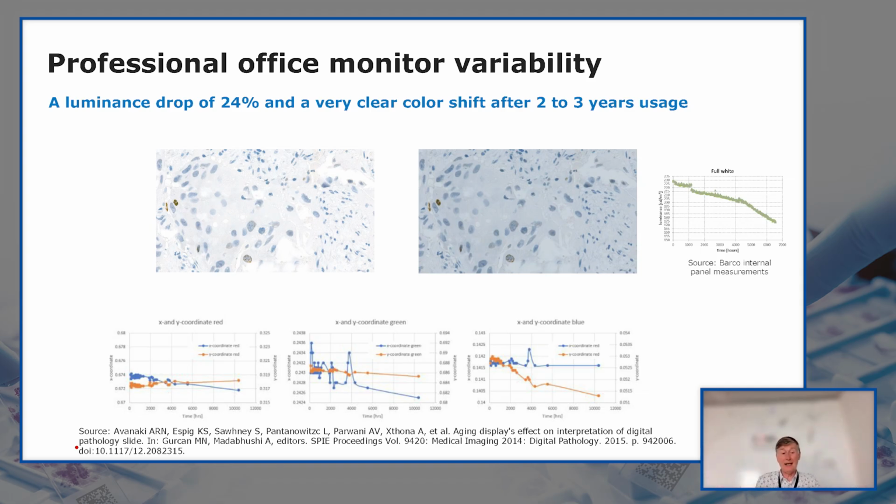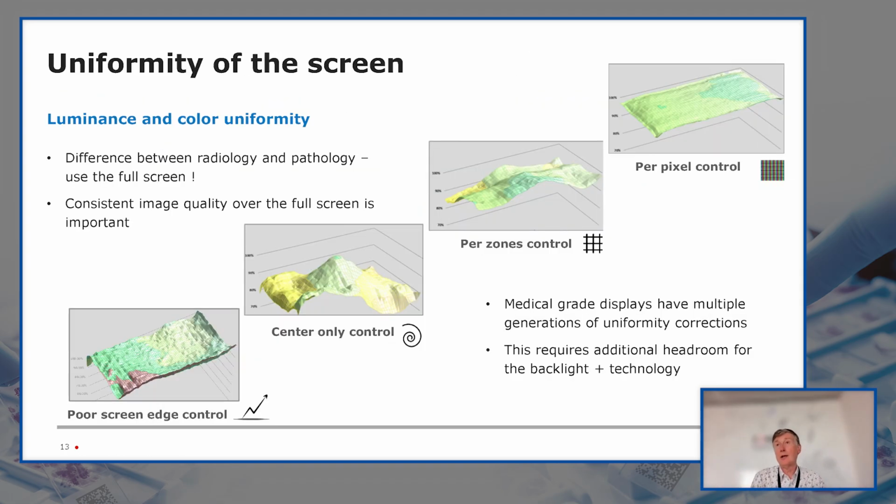Uniformity on the screen is also important. If you put a kind of a neutral grayscale full background on your screen, you might see some spots or in the corners more or less luminance. Medical grade displays have technologies to make that more uniform.